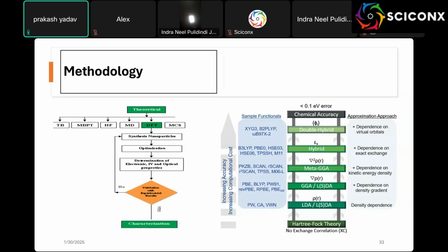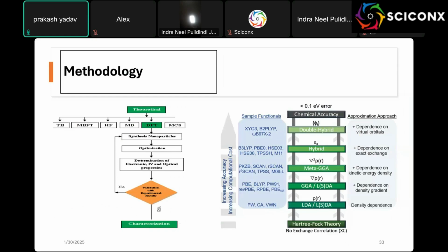We know that there are different methodologies, like tight binding, molecular beam, perturbation theory, Hartree-Fock theory, molecular dynamics, and density functional theory and Monte Carlo simulations. We have different types of theoretical methods, but here I chose density functional theory.